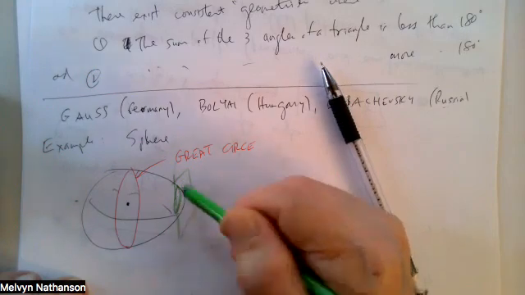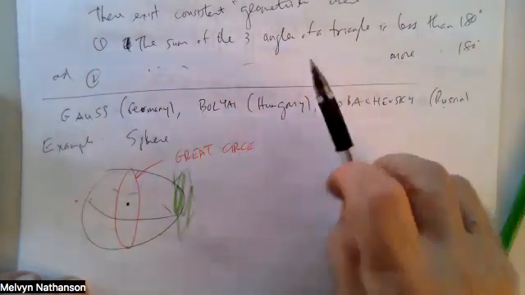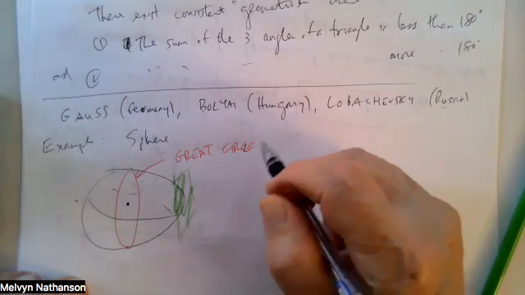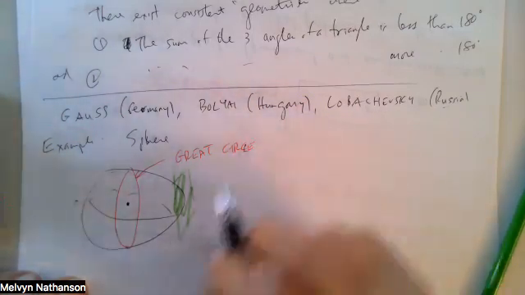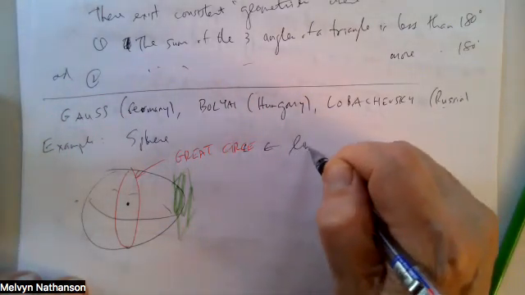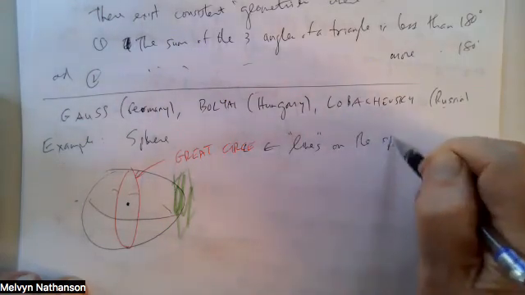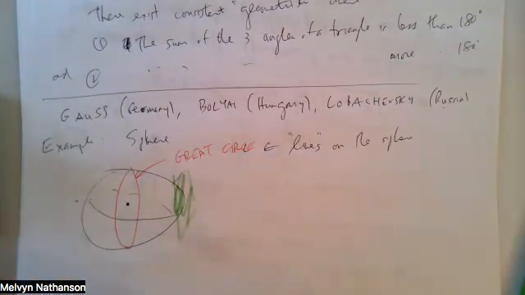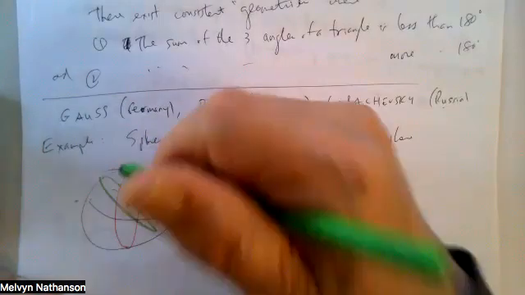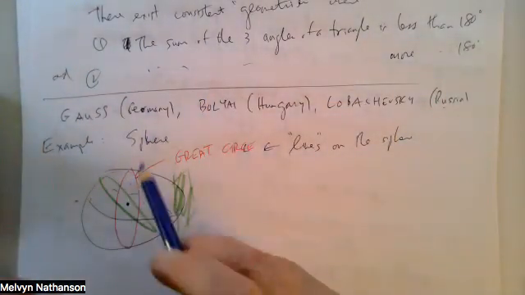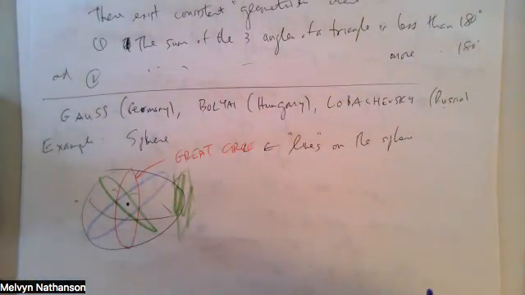So this might be a little circle, but it's not a great circle. All of the great circles, these are the lines. This is what we call a line on the sphere. Doesn't matter what its orientation is. These are all great circles.